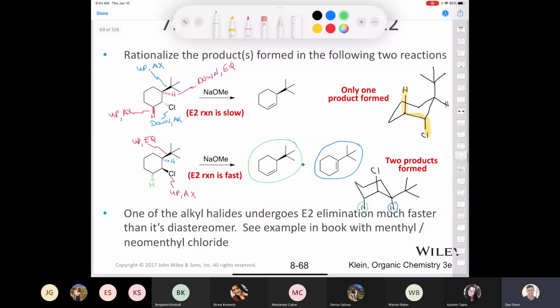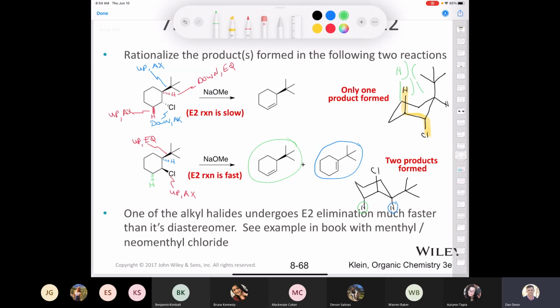And this is why you need to really think your way through these problems. There's no just easy answer, you know, A gives me B and that's it, all right? So you see that the first one is more selective. You only get one product, but the starting material is in a much less favored conformation since you have the 1,3 diaxial interactions, right?